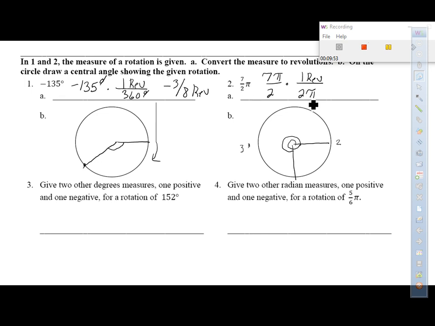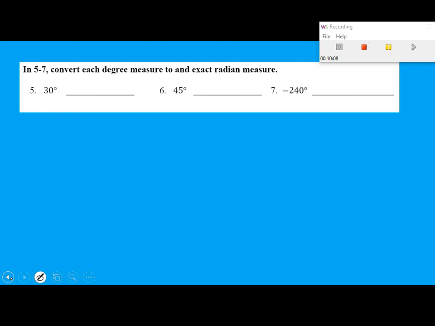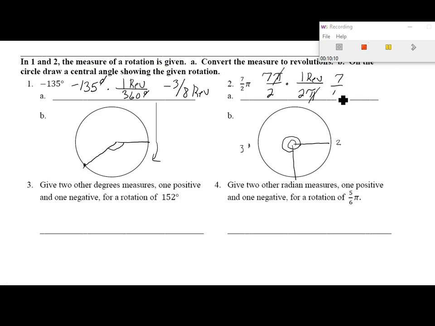I use radians here because I'm in radians. Now the pi's cancel out, and I'm going to get 7/4 of a revolution, or you could call that 1.75 revolutions. So just be careful in what we're in. I'm in degrees, use 360. I'm in radians, so I use 2 pi.